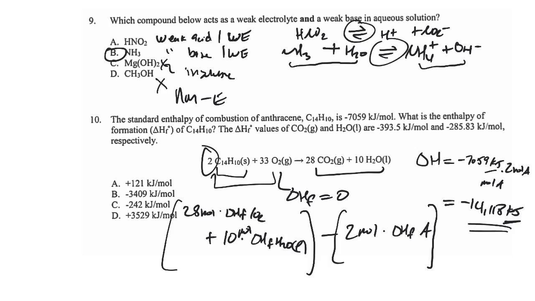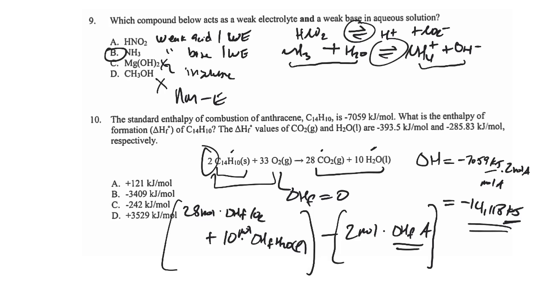So we could have given you the delta HF of this, this, and this, and we could solve accordingly for the delta H of the reaction, but this problem is actually giving us the delta H of the reaction and having us solve for this quantity here. So we just want to plug in, and I'll work this out. So I'll do 28 times minus 393.5 plus 10 times negative 285.83, hit equals.